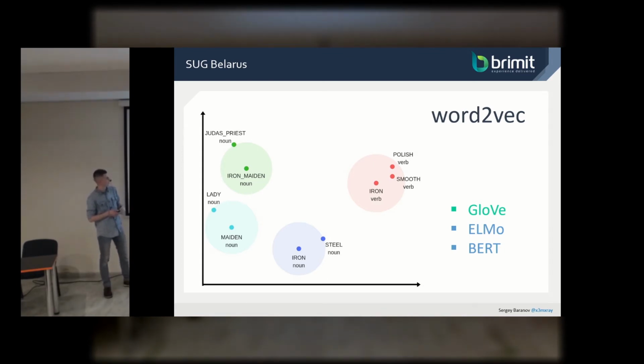ELMo and BERT have, for one word, like in the picture, one vector for iron as a noun and one vector for iron as a verb. But Word2Vec and GloVe combine these two points in one and have one point with the closest relevant results like steel, smooth, and polish together.